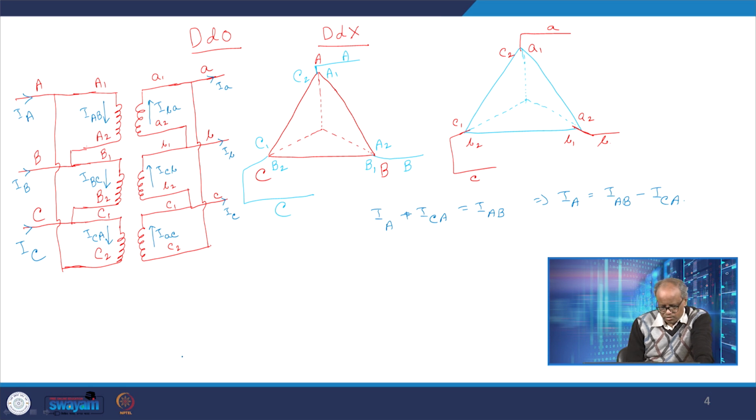IAB is Y into VAB minus VAB, and then minus Y, ICA would be VCA minus VCA.